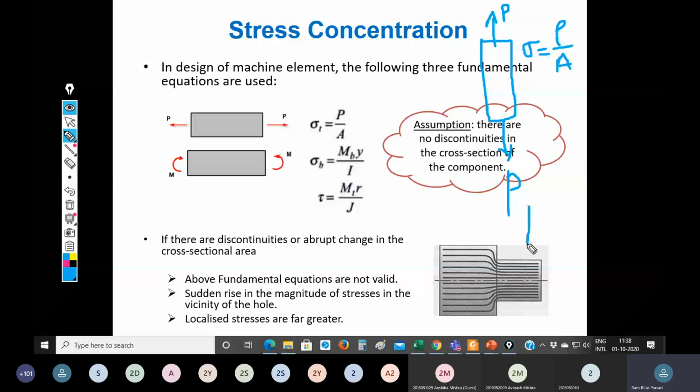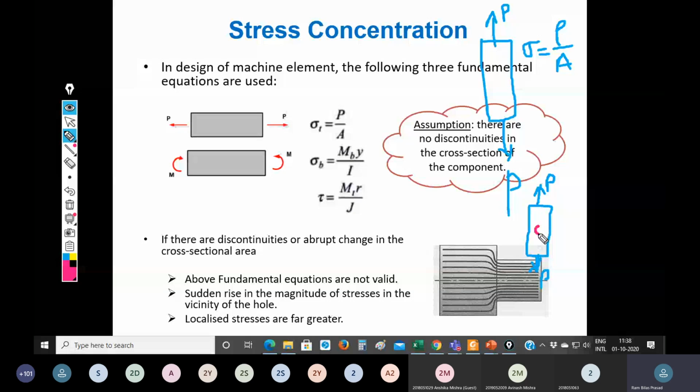And suppose there is one more similar component. It is also loaded with tensile load. The difference is that here you have a small hole.